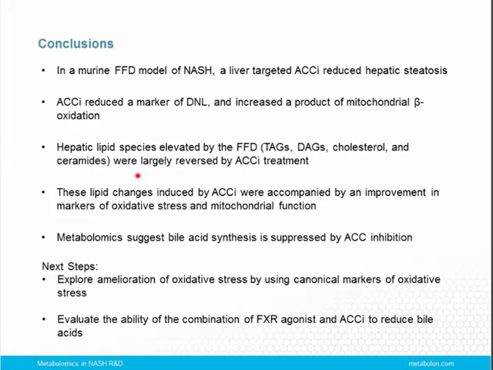And overall, in the context of changing all these lipid species, you're seeing improvement in oxidative stress status and mitochondrial function. And the suggestion that bile acid synthesis is affected by ACC is also something we'd like to follow up on.